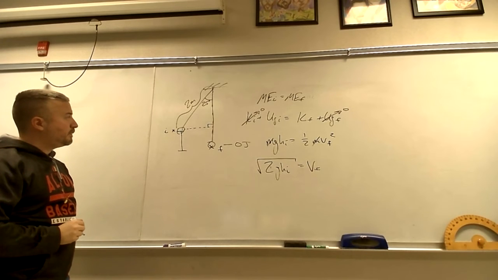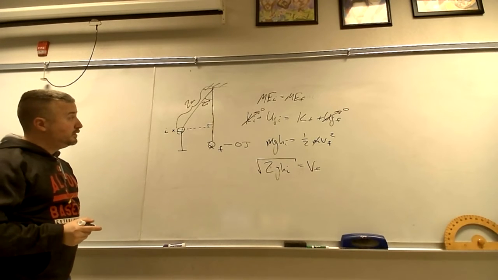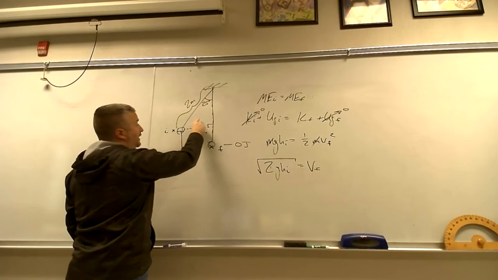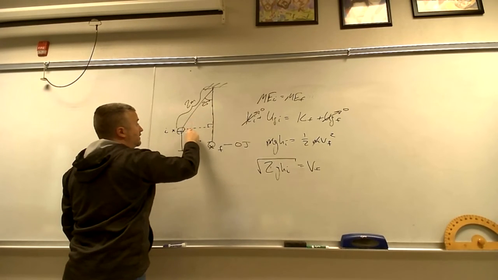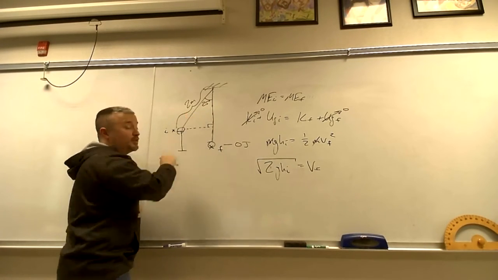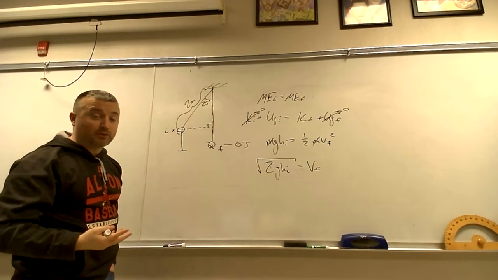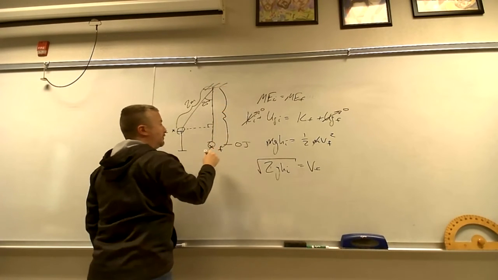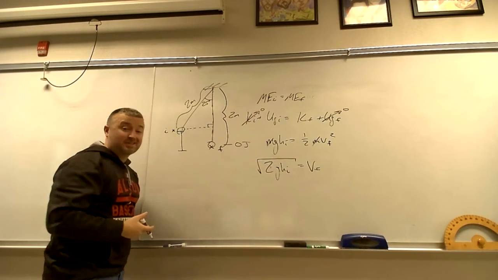How might that help? With 25 degrees, I could find any side of this triangle. This side we already know is 2 meters, because that's the full length. That is also the full length over here, because it's the same length.